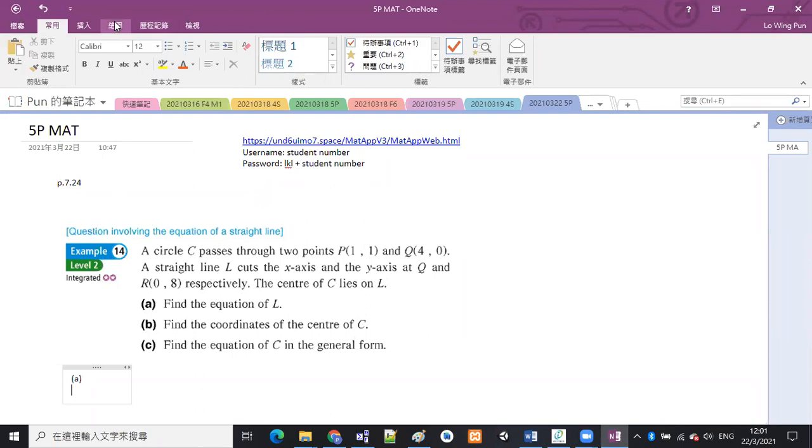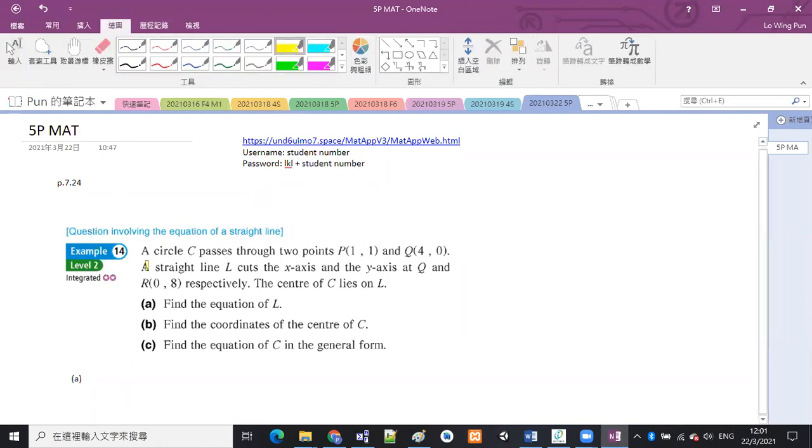It is in this description: a straight line L cuts the x-axis and the y-axis at Q and R respectively. 咁即係話 Q 係有坐標㗎，R 都有坐標㗎，係咪即係有2個點啊？We have 2 points with coordinates lying on the straight line L. So we have this information, point Q and point R are on the straight line L.